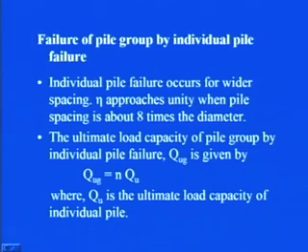Since this eta is tending to unity for larger pile spacing, and eta is the ratio of this quantity to this quantity, when that tends to unity, obviously this QUG will be equal to N times QU.